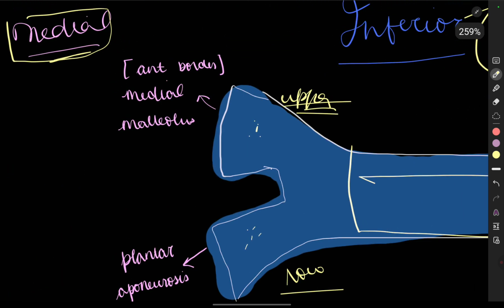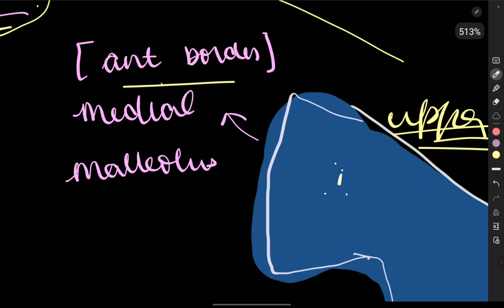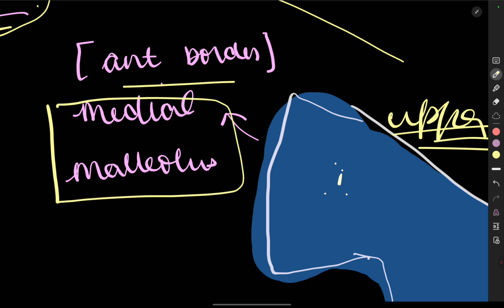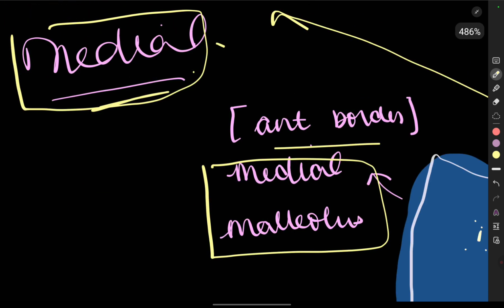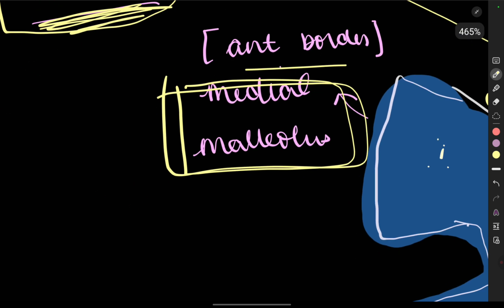Medial side, upper band: it goes medially upwards to the anterior border of the medial malleolus, which is present on the tibia.